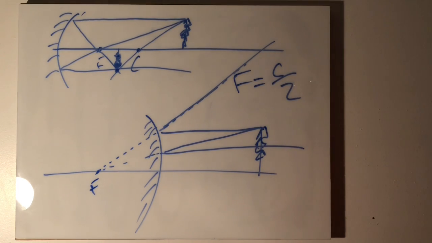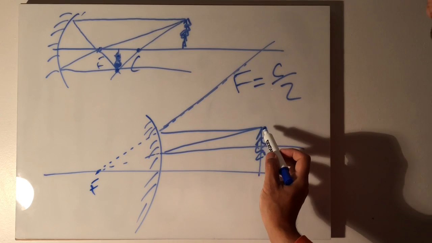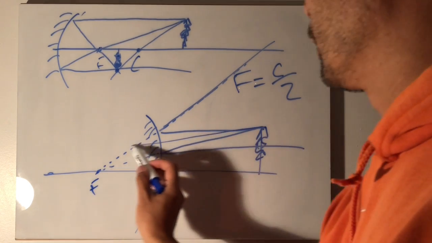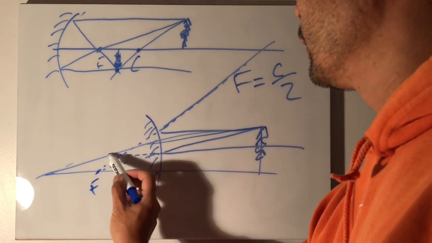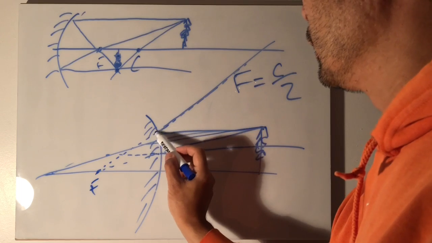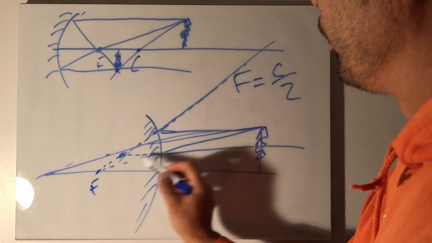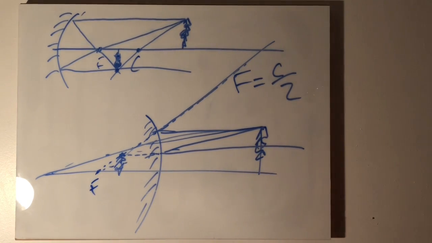And the last one is through the center. That one didn't quite connect, but it should be right here. So that would be a virtual image, but it would be upright and smaller.